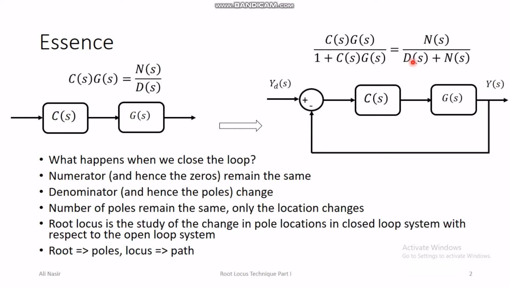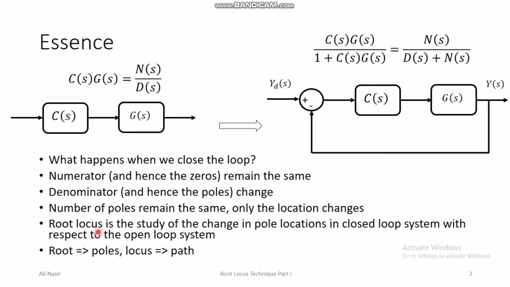So by applying feedback to an open loop system, the zeros remain the same, whereas the poles change their location. The number of poles remains the same, but only the location of the poles changes.